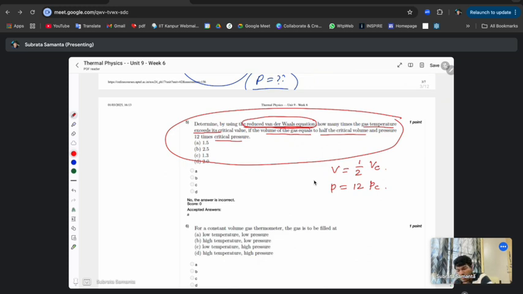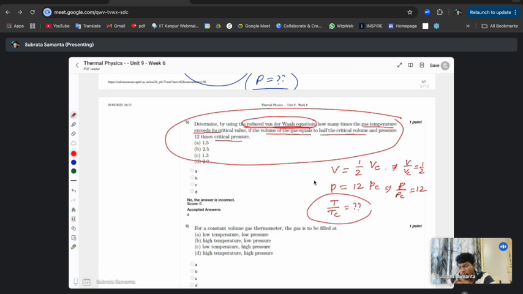You have to calculate T, the gas temperature relative to the critical value, so T over Tc, the ratio of T over Tc, where the ratio V over Vc is given as half, and the ratio P over Pc is given as 12. So the problem is clear, right?